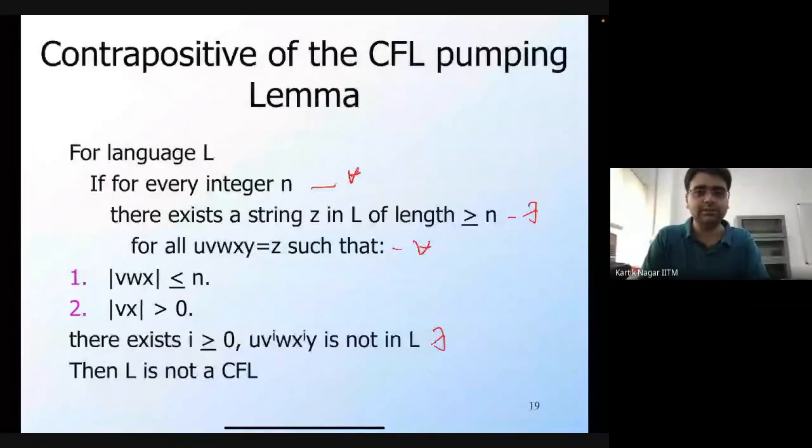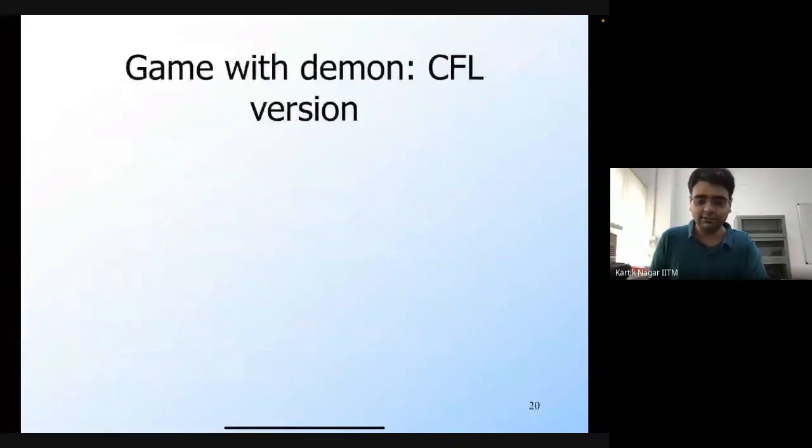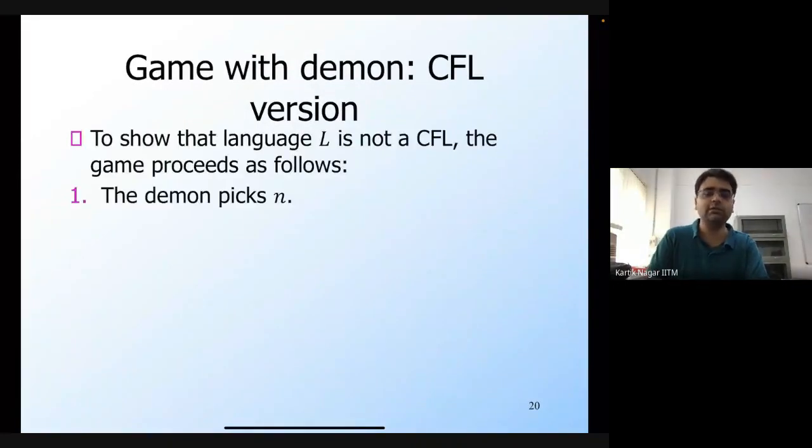So this is what I was saying. There is this nesting of for all and there exists quantifiers. In order to make this slightly easier, we can formulate this as a game with the daemon. Every universal quantifier is a step of the daemon, and every existential quantifier is a step of the player.